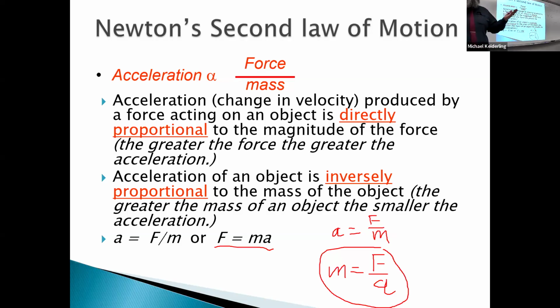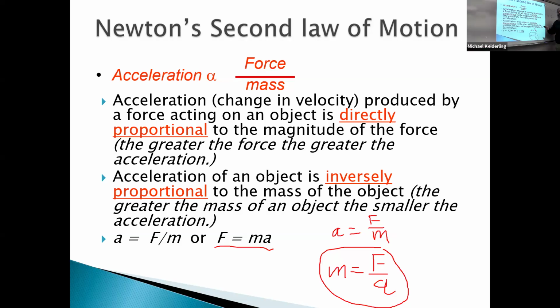It says that the acceleration, a change in velocity caused by a force, is directly proportional to the force applied. If you push harder, you get a bigger acceleration. And it is inversely proportional to the mass of the object. The more massive the object is, the less acceleration you get for the same force.